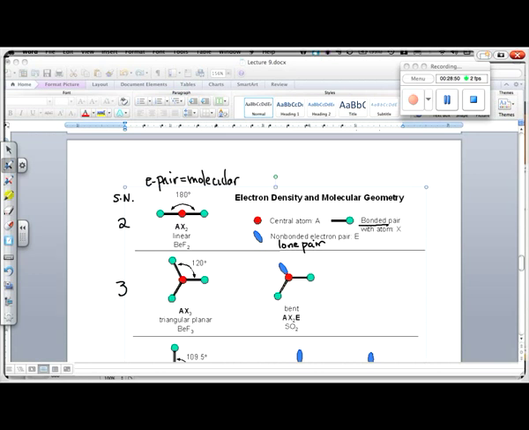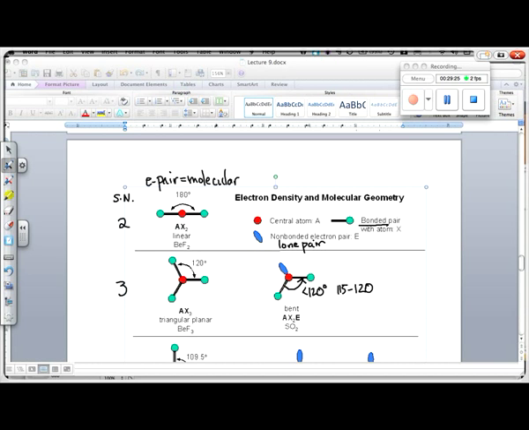Well, anytime you have a lone pair, almost every time, it is going to push the bonds closer. So this bond angle here is less than 120 degrees. Somewhere around, I think, oh, there it is, written on yours, it says 115 to 120. Well, it's probably more like 115 to 119.